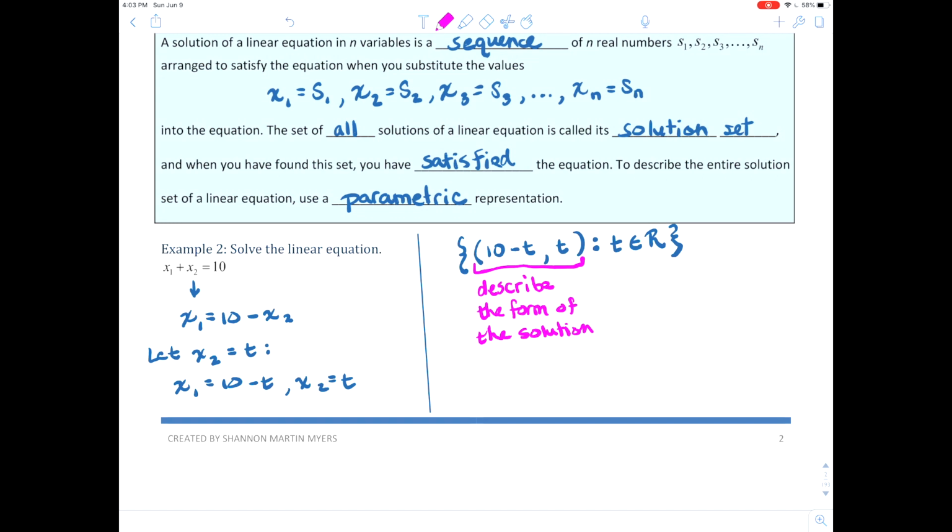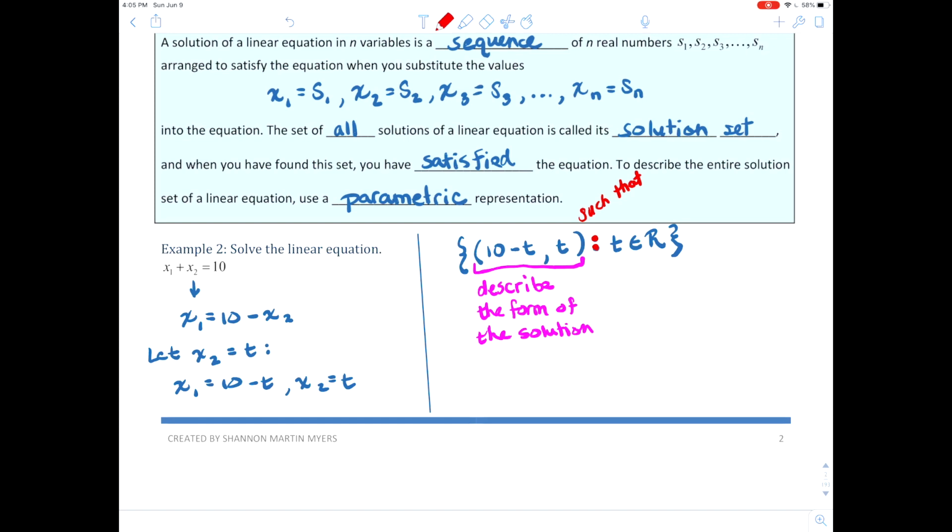We're showing one that it's an ordered pair solution, and the other thing we're showing is that we've got this relationship between the first variable and second variable. The first variable is 10 minus that second variable. That's the relationship they're sharing. Okay? Now, this part here, the colon, or remember a straight line works, translates to such that. So this is where the description of the parameter comes in.